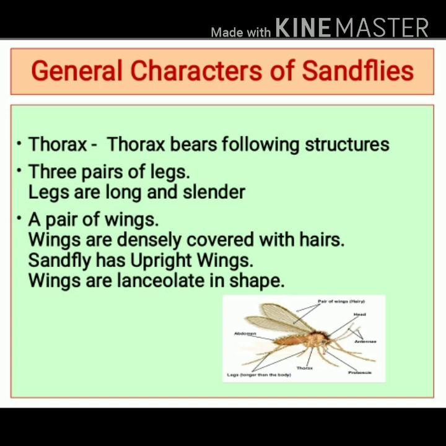They are upright and wings are densely covered with hairs. The characteristic feature of the genus Phlebotomus is in the middle of the wing there is first branching of the second longitudinal vein.